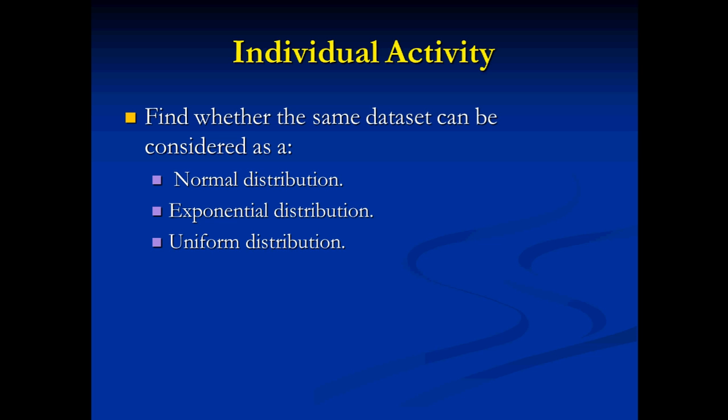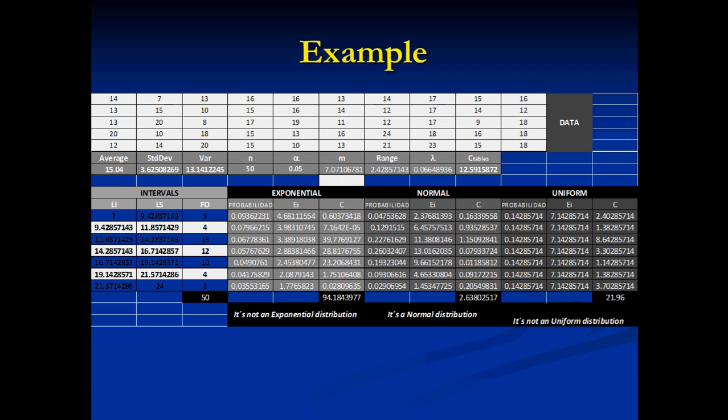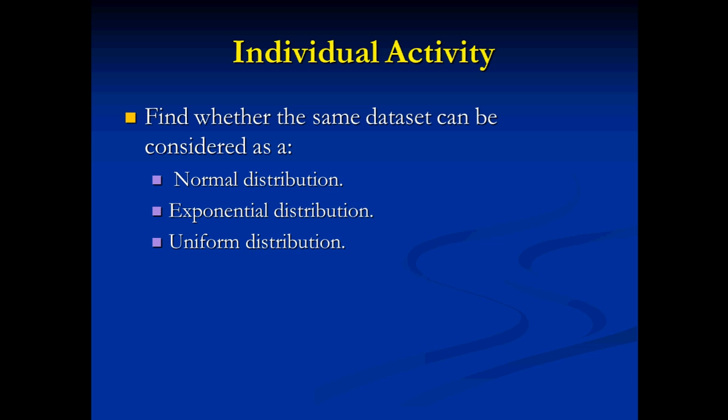You're going to program this in Excel, and your solution is going to look kind of like this. This is the data. Here we can see the data, the frequency table, and there are my calculations for the exponential, the normal, and the uniform cases. And those are the responses, but I'm going to stop here this video so you can go and do this individual activity.